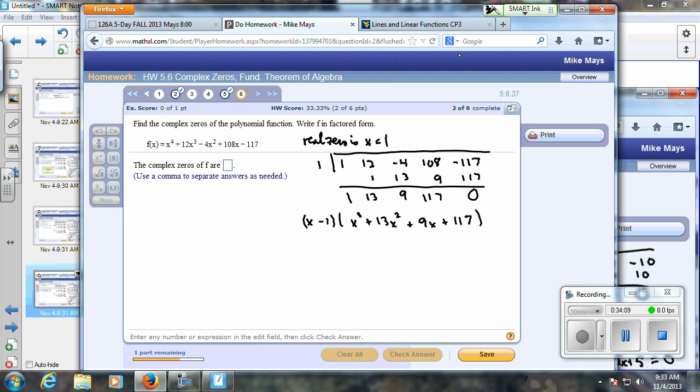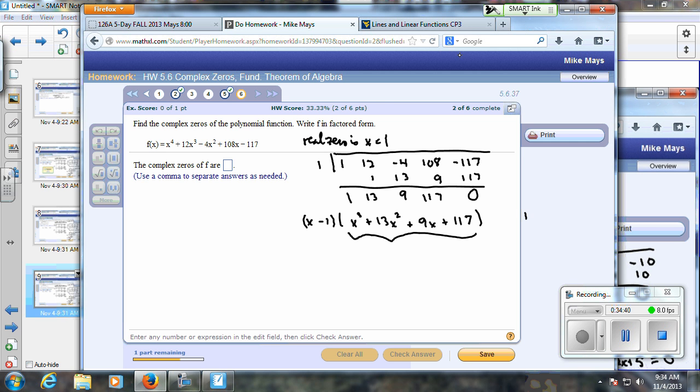Now let's see what might be true. It's a cubic, so if I could find a zero, I'd like to get it down to a quadratic. So I'd like to find one more possible rational root for x cubed plus 13x squared plus 9x plus 117.